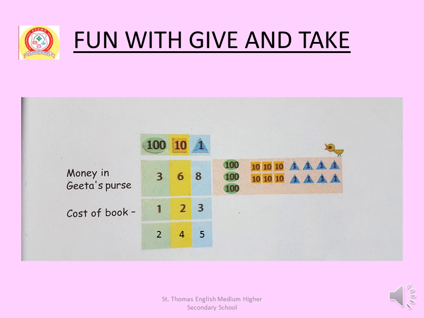So, you have 2 tokens left. So, write 2 in the hundreds column. So, answer is money left in the purse is 245 and it is more than 200. Okay?